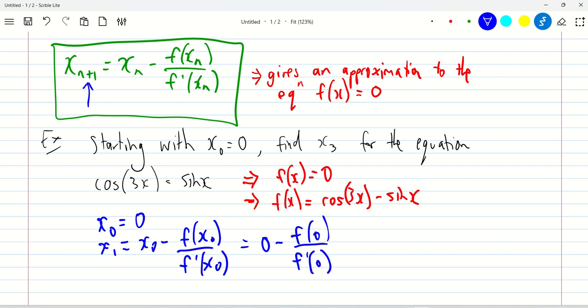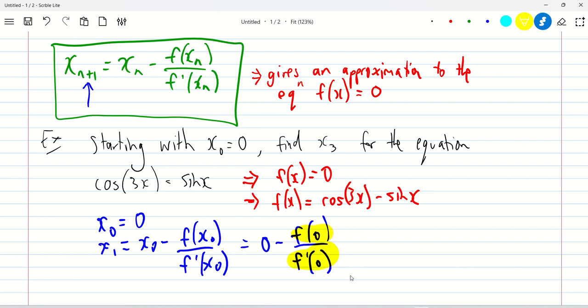I plug 0 into the function, I find the derivative, then plug 0 into the derivative, and evaluate, and that will give me x1. Then to find x2 and then x3, I do the same thing over and over again. Okay, so let's flick over now to the CAS calculator to do this.